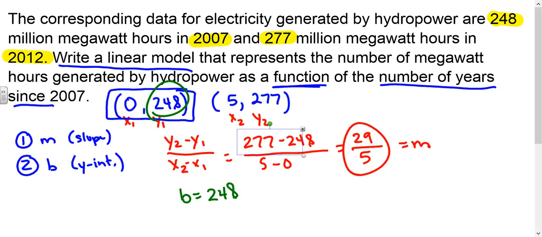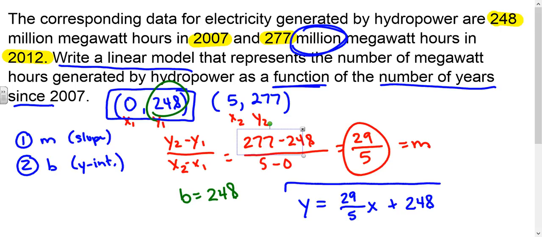Then the equation of my line, or my linear model, is y equals mx plus b, so y equals 29 over 5 x plus 248. You would have to note in your function that this is given in million megawatt hours, otherwise you would have to write million after these numbers. But for these purposes, we will know that it is represented in millions since it's consistent. So this would be the correct answer.